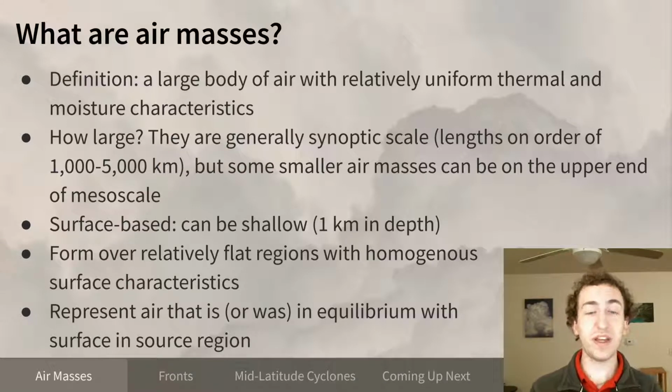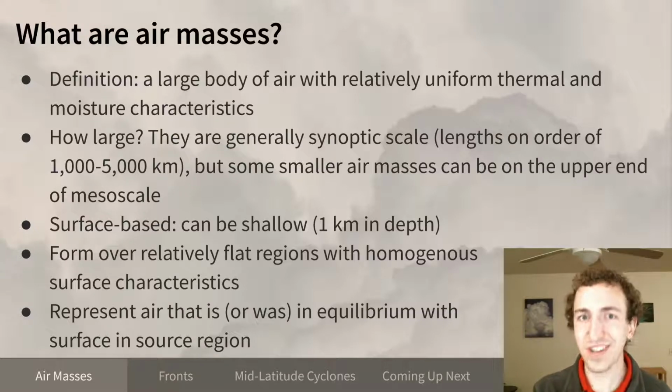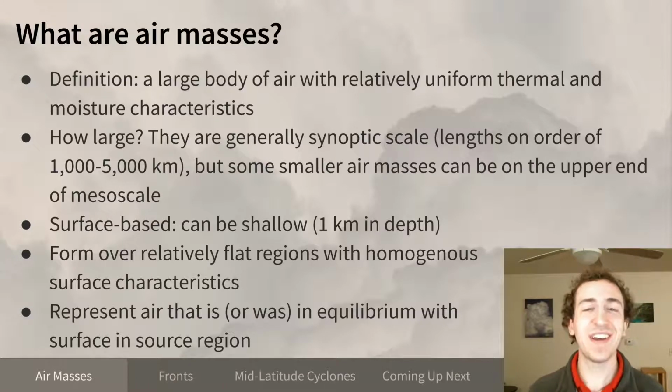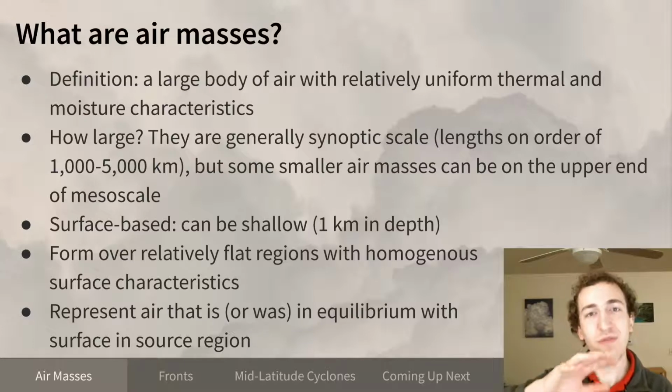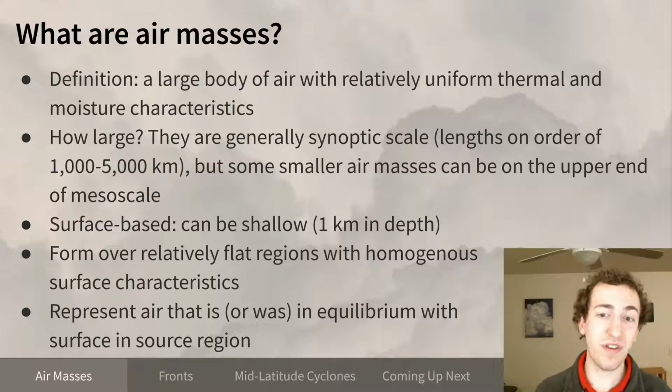As we'll get into, they tend to form because of the surface characteristics of where these air masses come from. Because of how the atmosphere flow works, it tends to just be where there's consistent surface interactions. So they can be very shallow, only like a kilometer in depth, sometimes more than that, but they never really take up a majority of the troposphere.